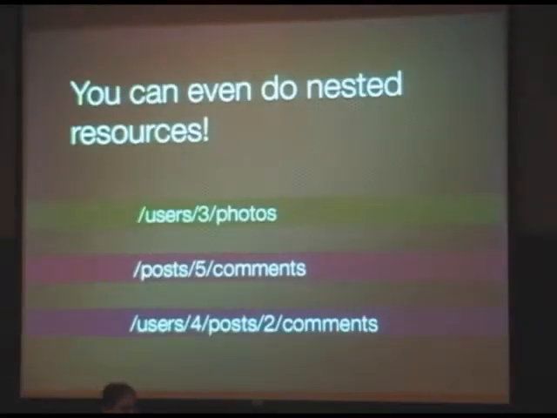You can do some pretty cool RESTful nested resources, which is pretty awesome. And the rest of this is another one of those things people kind of take for granted. Us Rails guys, we know the benefits of this, and the rest of the world, I'm hearing, is still kind of catching up with the benefits of really intuitive, readable URLs.